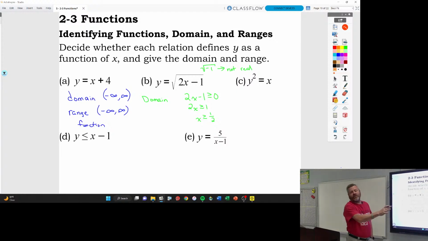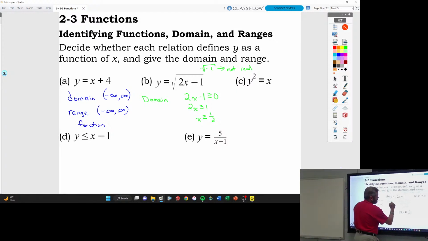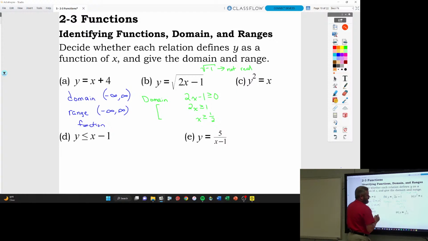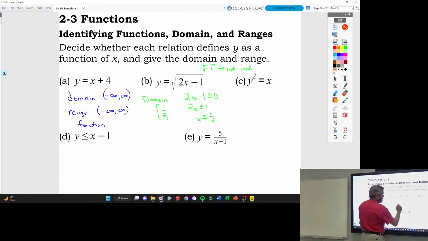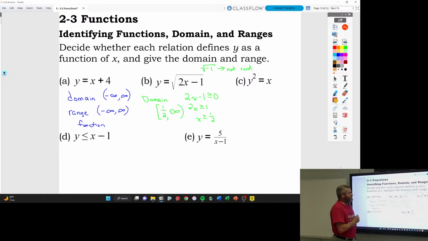I can enter any number that I want bigger than 1/2, but I can only go down to 1/2. So the domain is the interval from, and it can be 1/2, so I have a bracket. The smallest possible value for the domain is 1/2, and it can be as big as I want. So it goes up forever, so infinity, and we use a parenthesis around infinity.